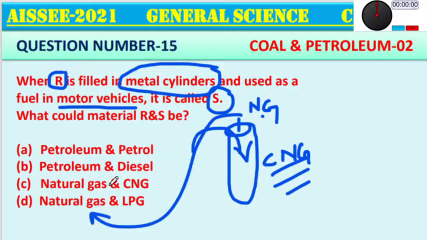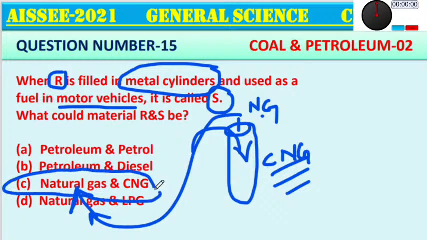So natural gas and CNG is the correct answer. So this was the second practice set for the coal and petroleum chapter from your general science book.